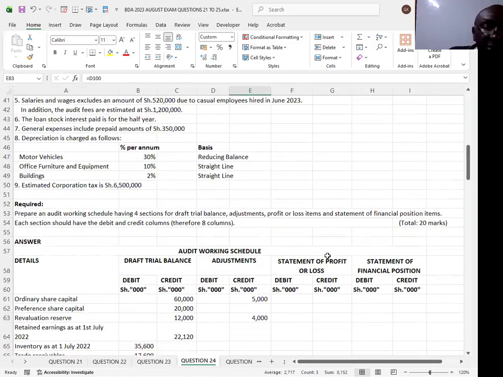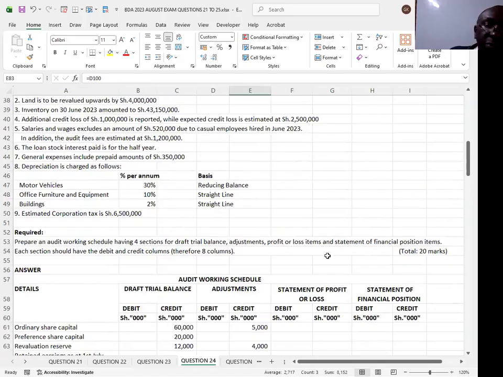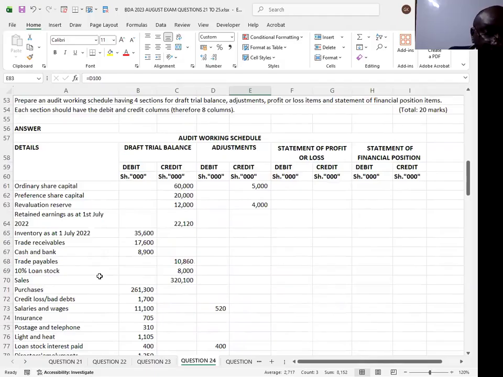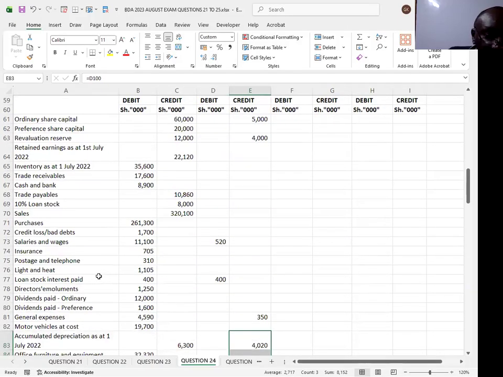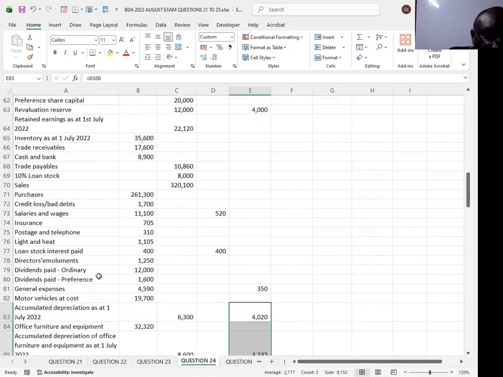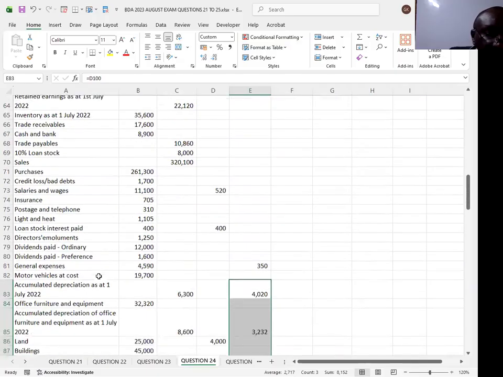Haya, tukuja hapa. Estimated corporation tax is 6,500. So if it is estimated, that is the tax for the year. Now that one is not paid. Let's see whether they had also some opening balances for tax.